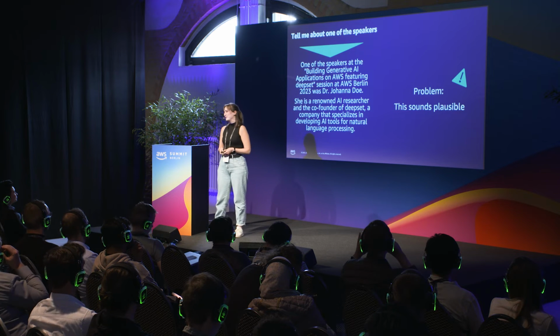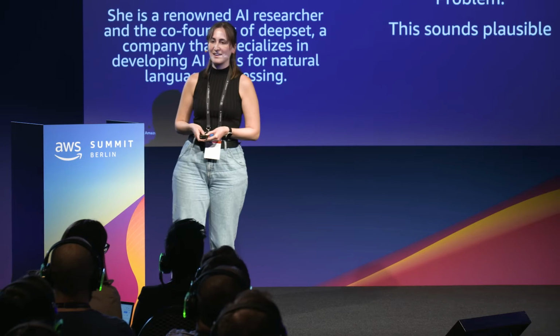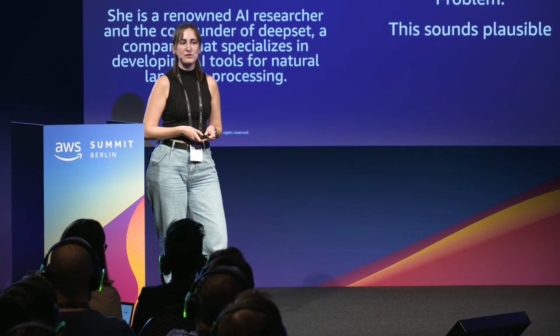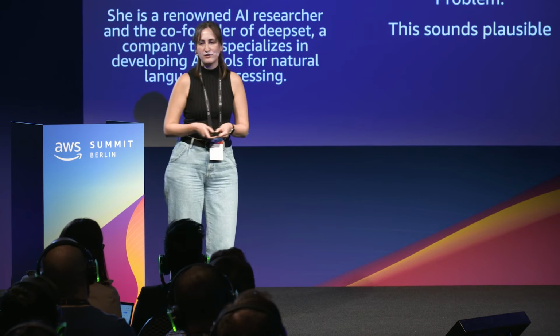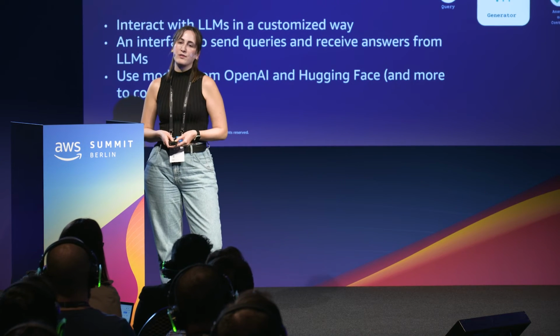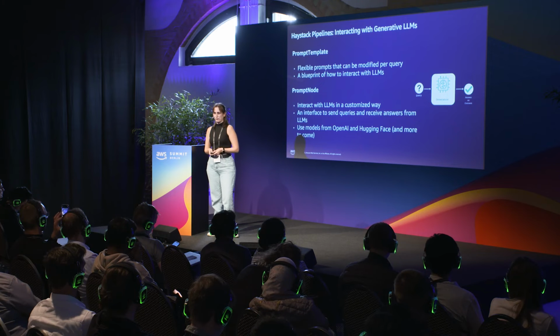So we're going to look at two components we have in Haystack that allow you to mitigate this, and for us to be able to generate human-like answers, but based on our own data. Those two components are the prompt template and the prompt node.